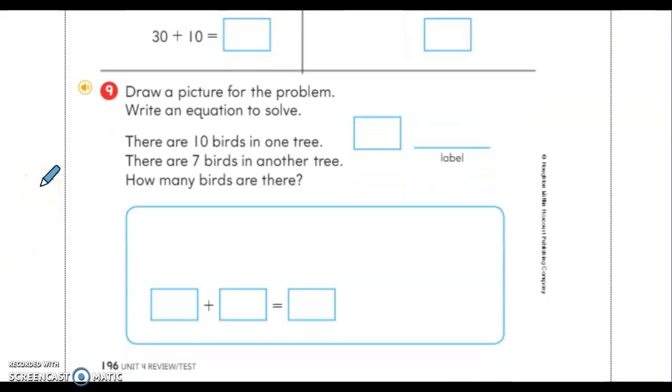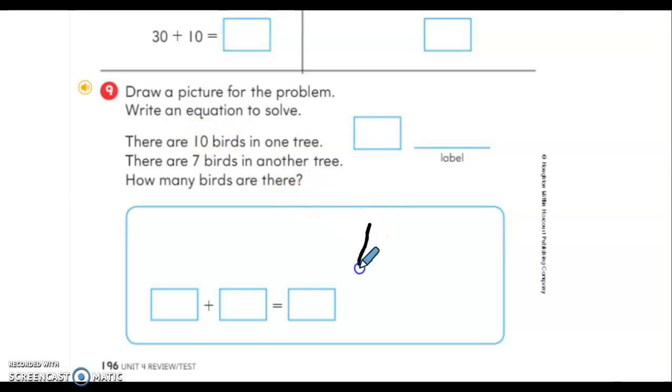Okay. Number 9 says draw a picture for the problem. Write an equation to solve. So it says there are 10 birds in one tree. There are 7 birds in another tree. How many birds are there? Okay, so if you wanted, you could make a real tree with little tiny birds on them, if you want. Otherwise, you can just draw like a 10 stick for the birds, right?